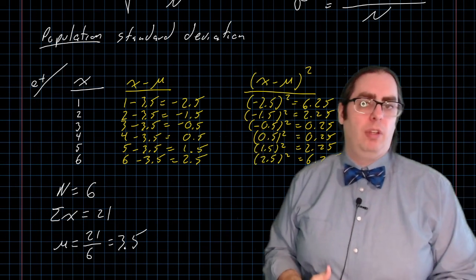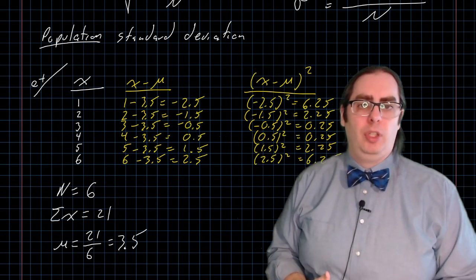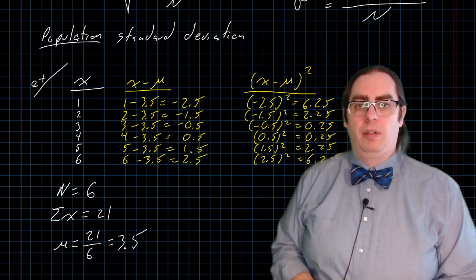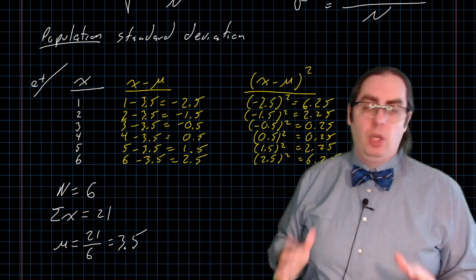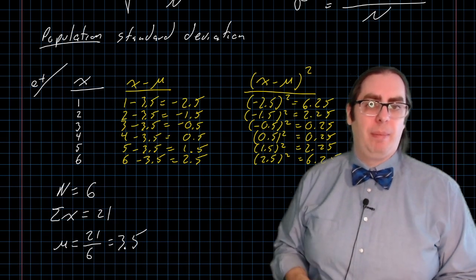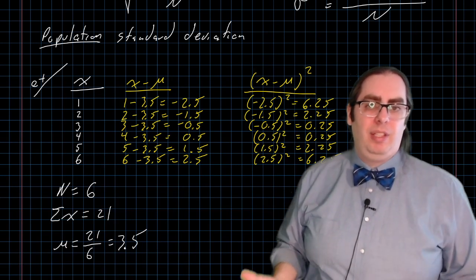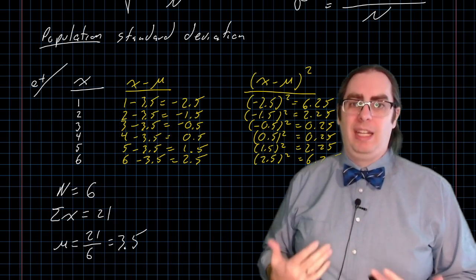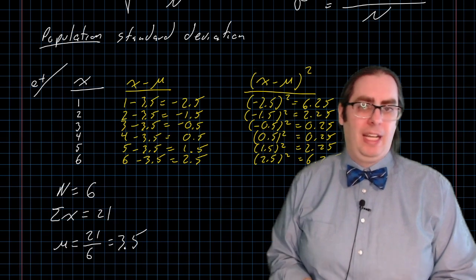Saving yourself writing like that is absolutely valid and absolutely valuable when these get a little bit messier. But for right now, going through and doing the calculation step by step is a good way of learning and internalizing and making sure you understand how to use this formula.